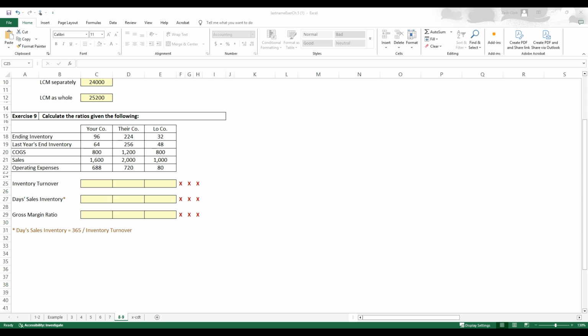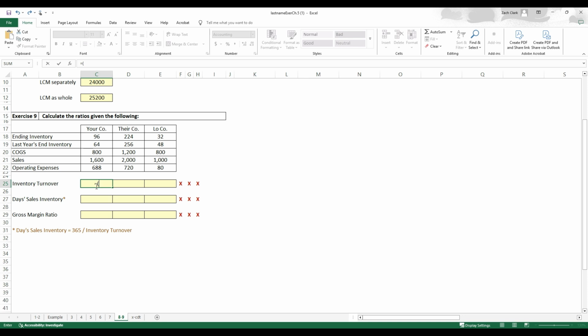Okay, so for our inventory turnover ratio, again, that's going to tell us how fast our inventory is turning over. If you have 100 inventory items, this is going to tell you how many times you sold all of those inventory items, and if maybe that was more than once, throughout the year, essentially.